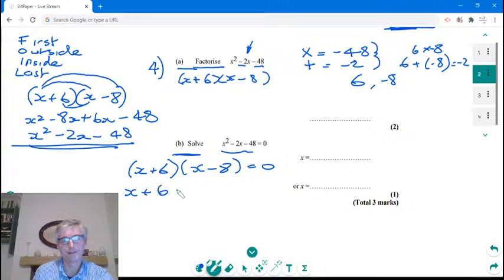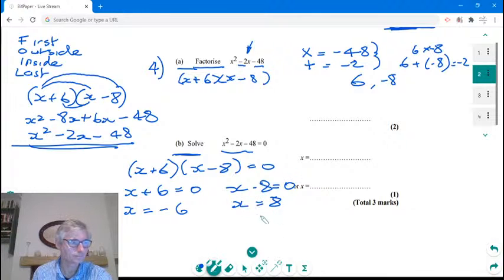We've got either x plus 6 equals 0, so x is equal to minus 6, and from the second one, x minus 8 equals 0, so that gives us that x equals 8. And so there are two solutions, so we would just write those in here, minus 6 and 8.